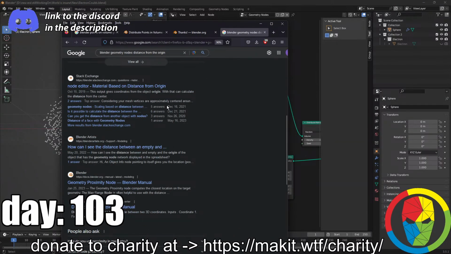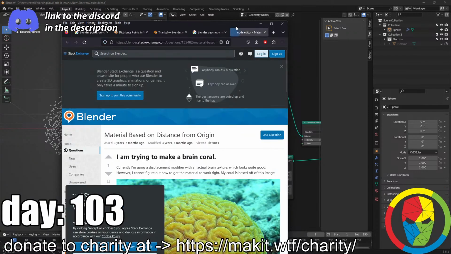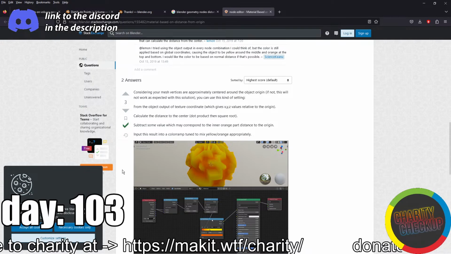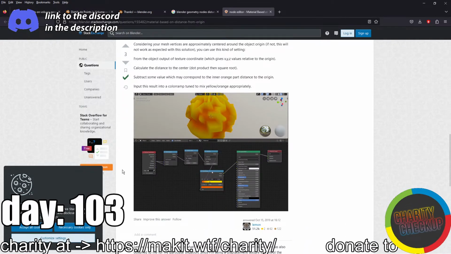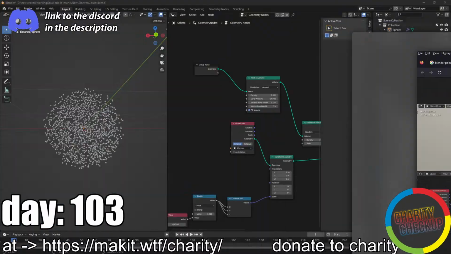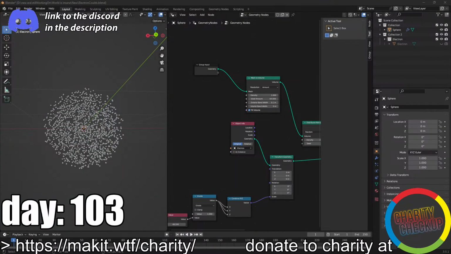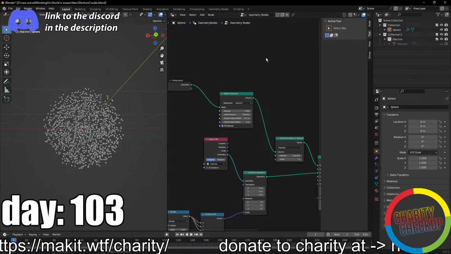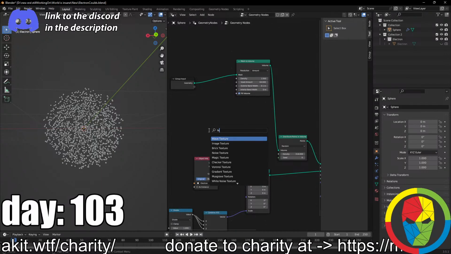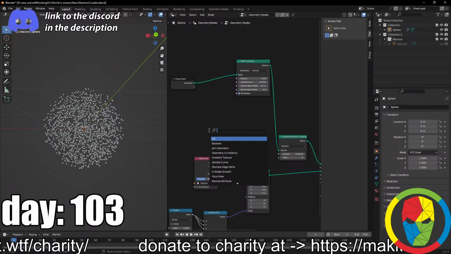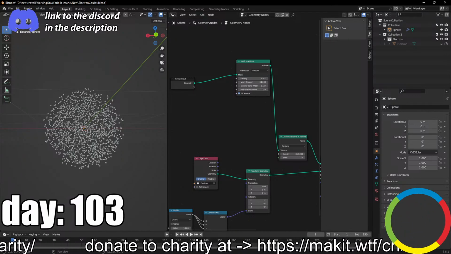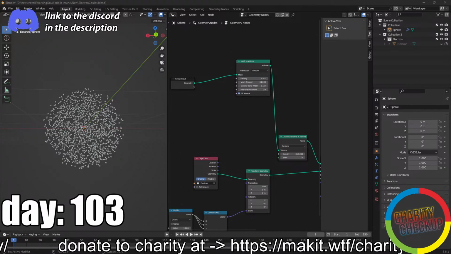Now. Oh, that's a rather nice solution. I like that. Which means we will need a texture coordinate? No. Not quite. Not quite a texture coordinate.